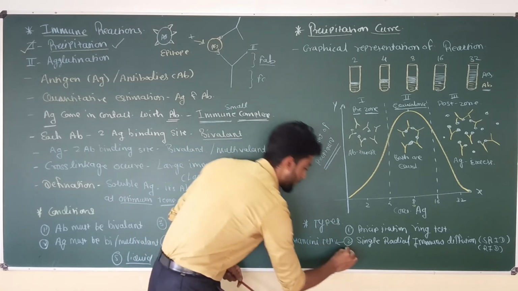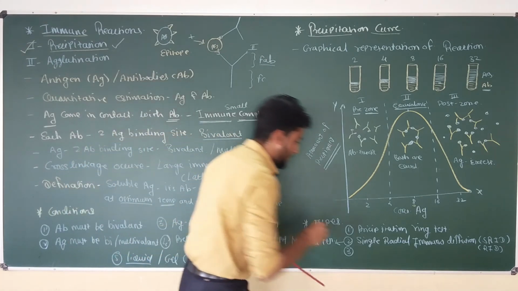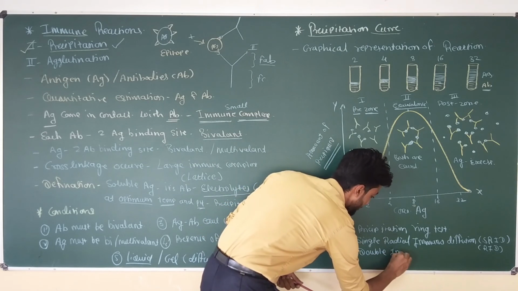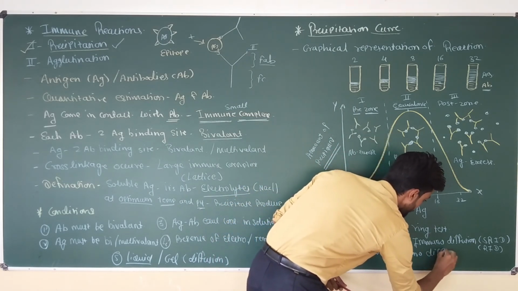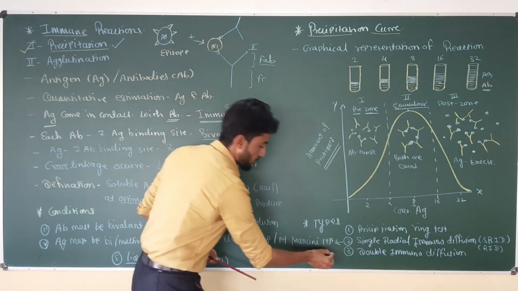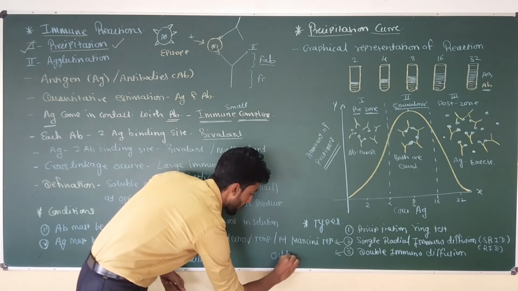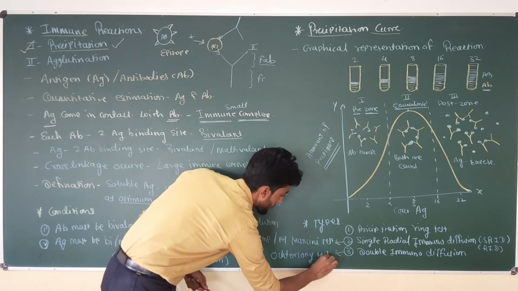The third type of precipitation reaction is double immunodiffusion, and this double immunodiffusion is also called the Ouchterlony test.